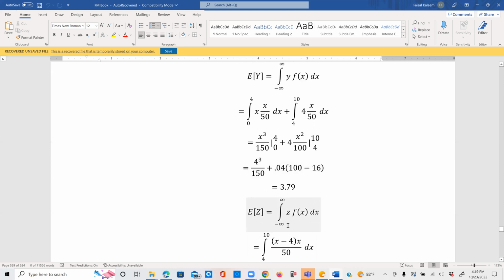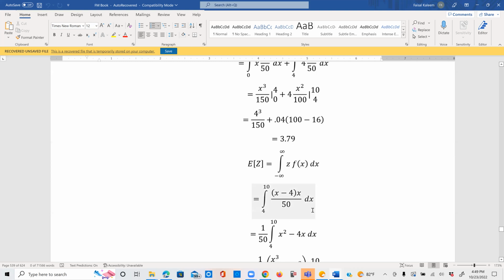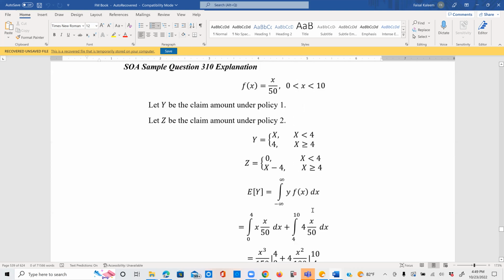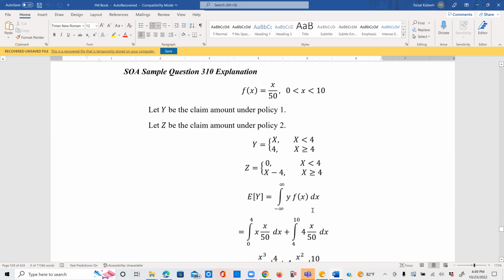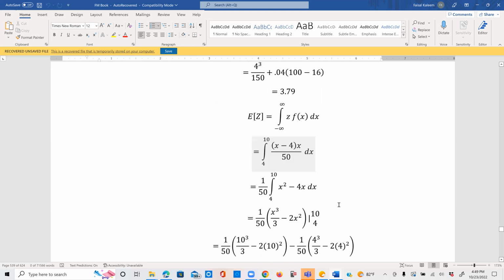Similarly, E of Z is the integral of z times f(x). Z is non-zero only when x is bigger than or equal to 4, and the final bound for x is 10. So basically this one is active only from 4 to 10, with the 4 from here and the 10 cap from here, and Z equals x minus 4 in that range.